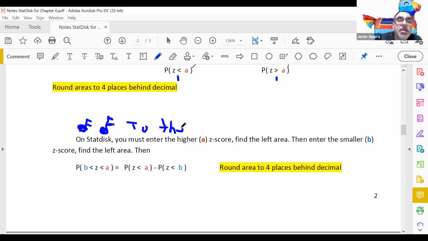Let's see if I can draw it. To the left.